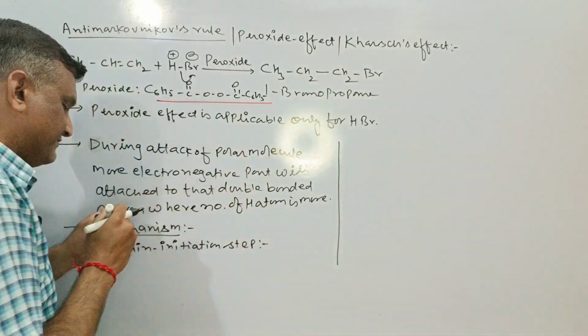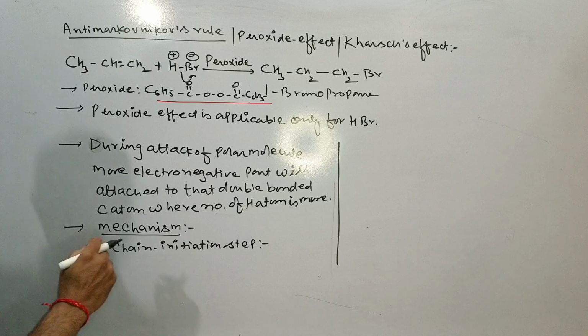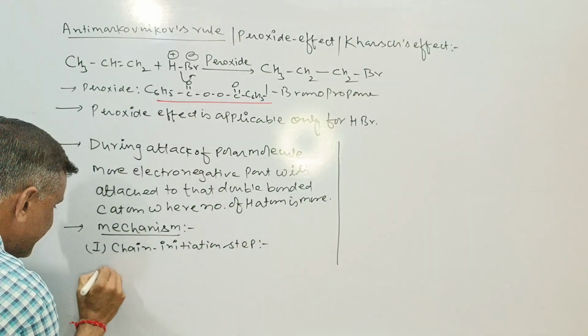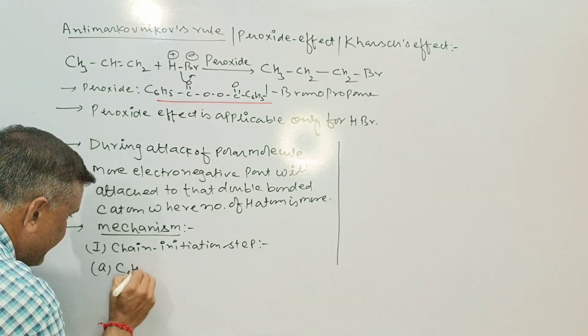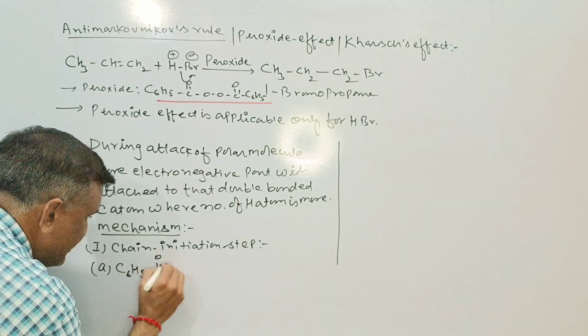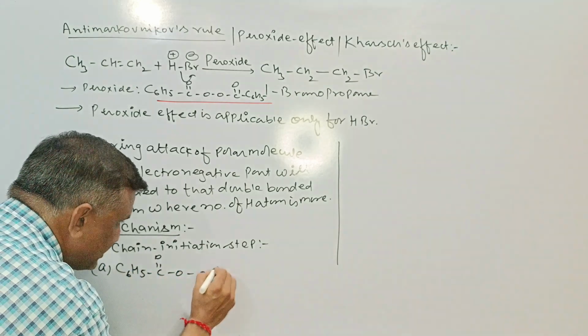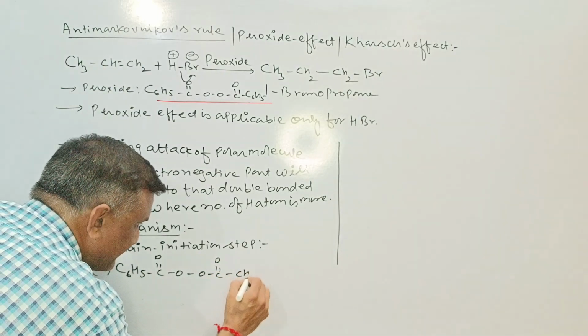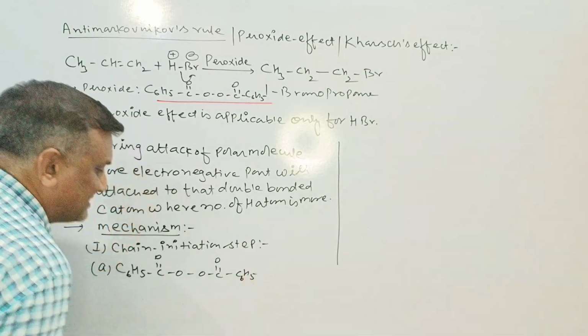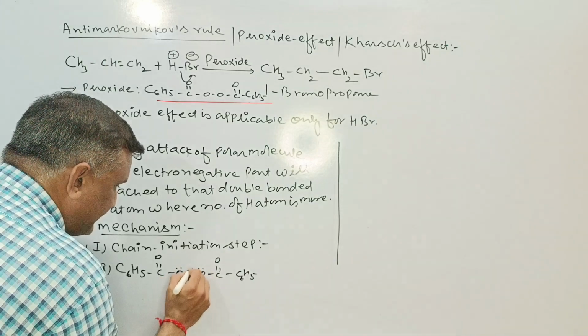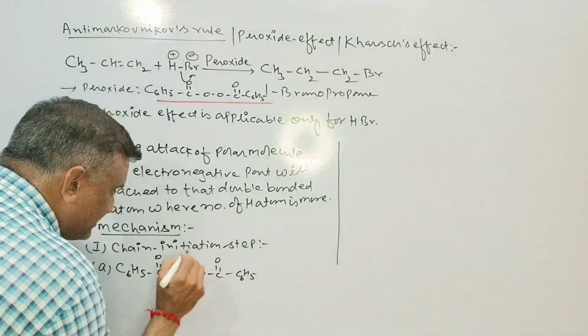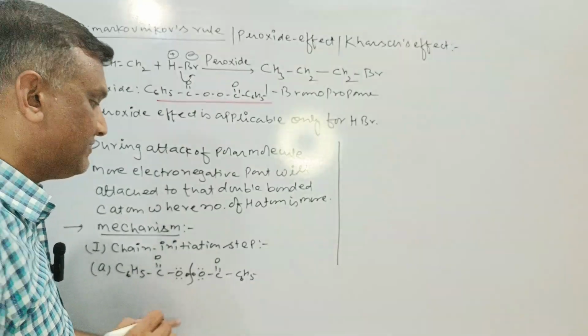If we take this kind of peroxide, then first of all in the chain initiation step, it dissociates as follows. Here will be homolytic bond cleavage because it's a peroxide, meaning the division of electrons will be equal.